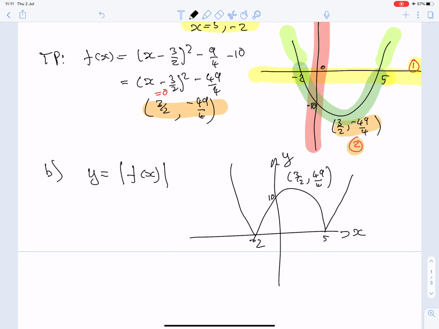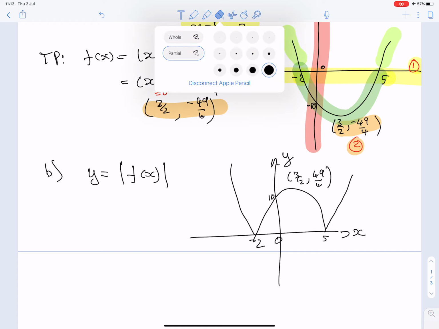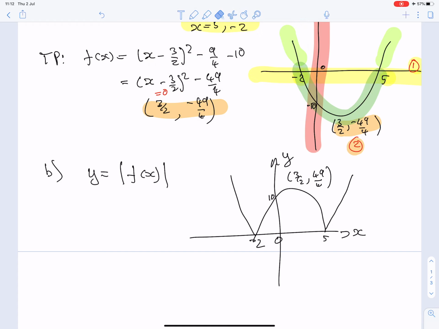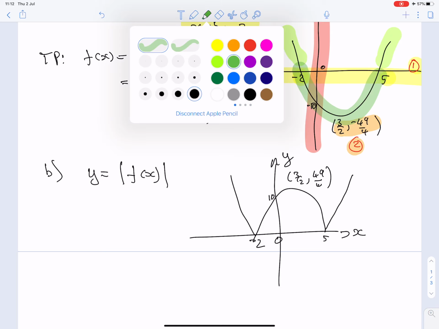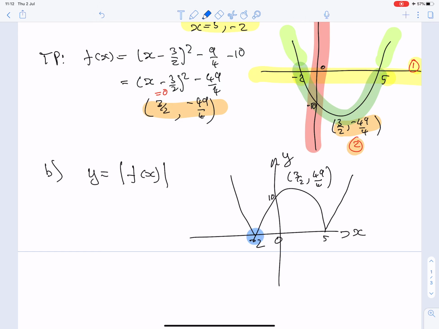Hope that makes sense. Just rub out that little bit because I don't like the way it's turned over. The other key things to notice are that these are corners, not smooth curves at the bottom.